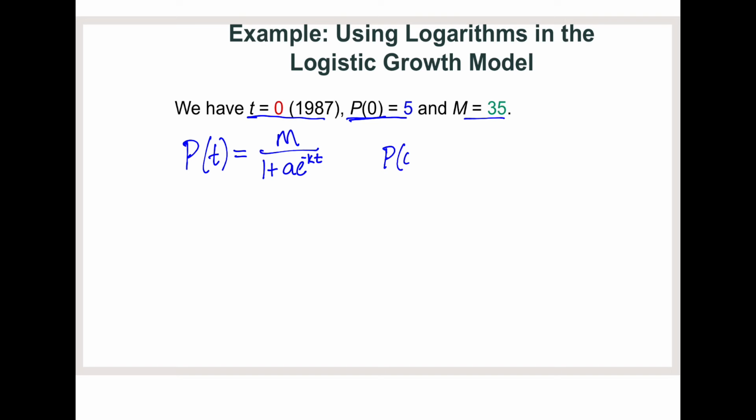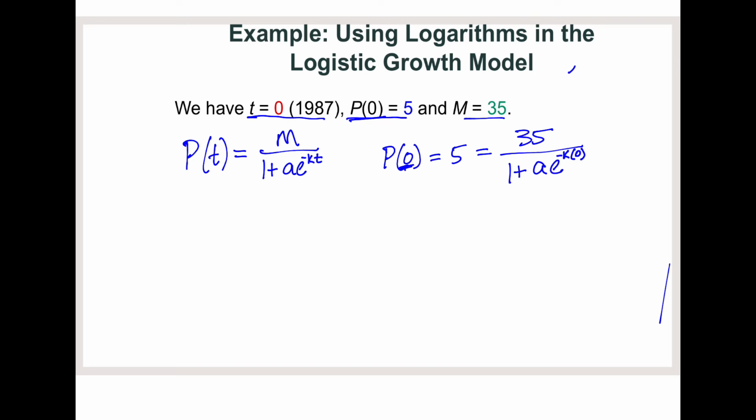So P sub 0 equals 5 with 35 over the top, and then 1 plus A e to the negative K, and we're at time 0, right? Because that's my t of 0 here. This is important, because that makes this e to the 0.